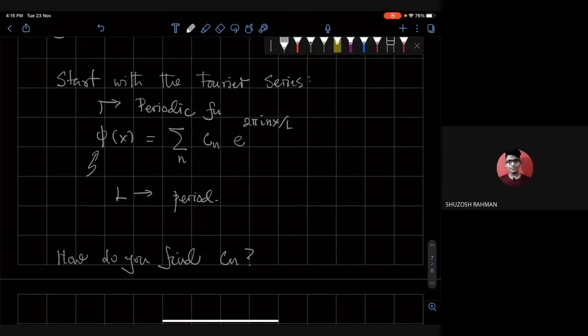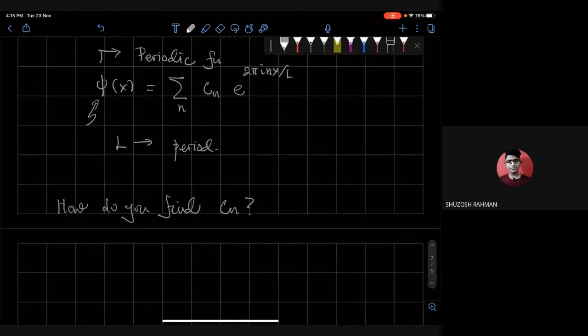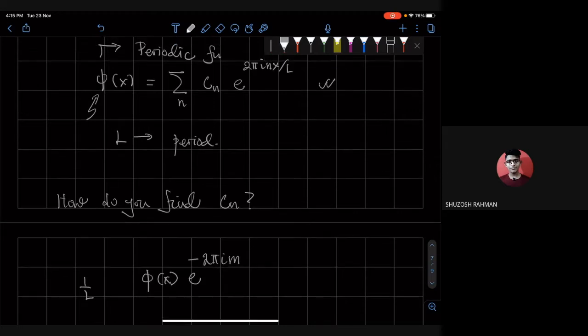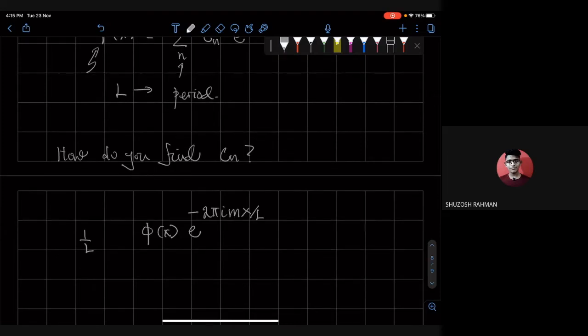Okay. Well, to find Cn, what we do is we multiply both sides of this equation by 1 over L. That's for normalization. Phi of x is multiplied by e to the power minus 2 pi i m x over L. m is an index, a particular value of that index. Cn is summed over, so n is a dummy variable. So we multiply both sides by these factors.